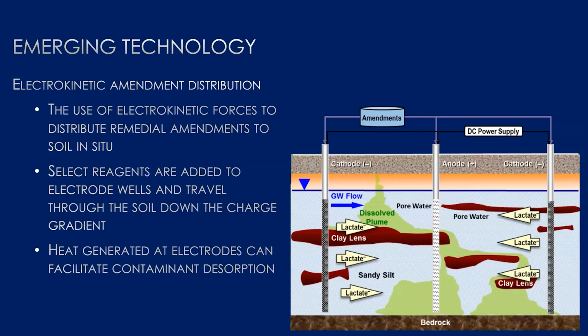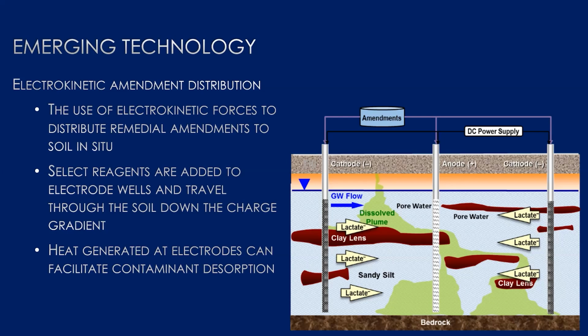An emerging electrolytic technology used in the field is electrokinetic amendment distribution. Rather than using the electric field to remove contaminants at the electrode, this system uses electromigration to distribute remedial amendments to the soil in situ. As shown in the figure on the right, select reagents are added to the electrode wells from the surface.